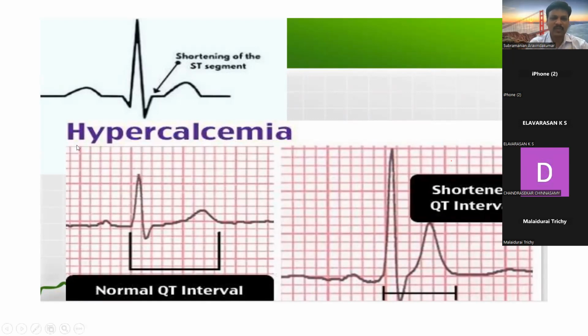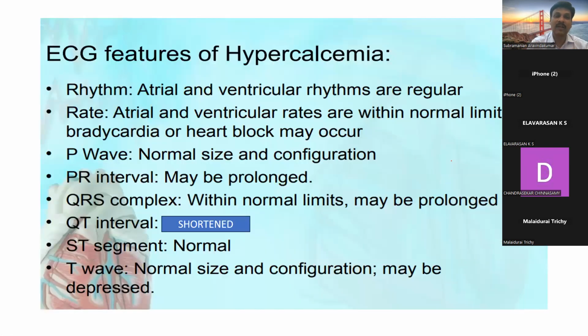So it is predominantly acting on the ST segment. So in hypercalcemia, when there is more calcium, the ST segment is very much shortened. So it becomes very narrow and there is a shortened QT interval. So whenever you have a shortened QT interval, you have to see whether there is hypercalcemia.